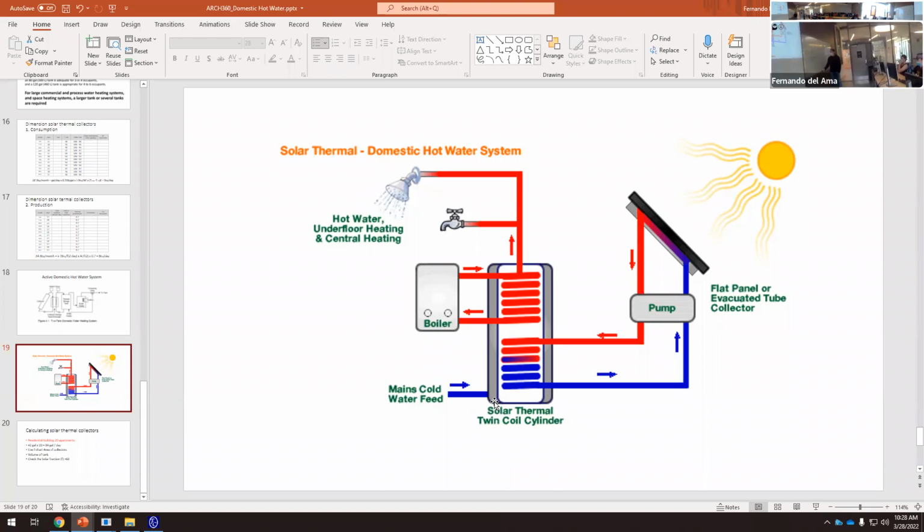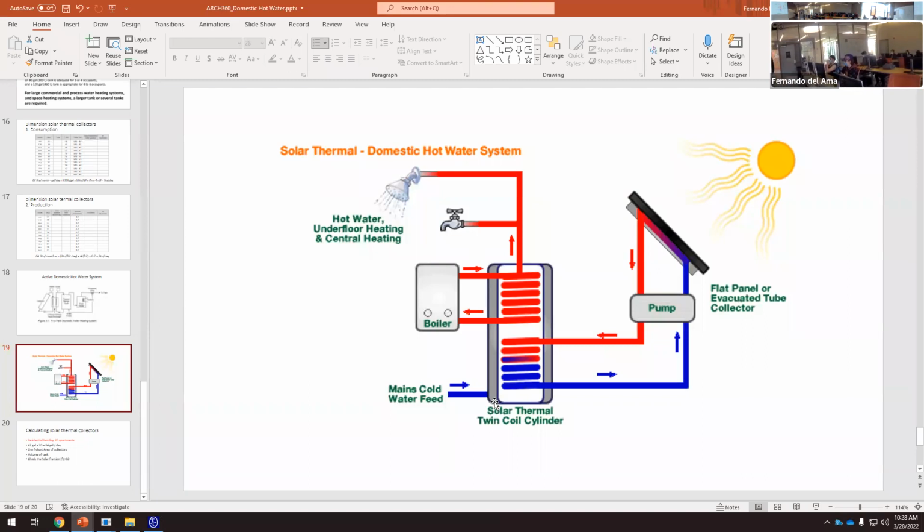We can have a system in which we don't have a heat exchanger. We can have a tank and the solar collector.